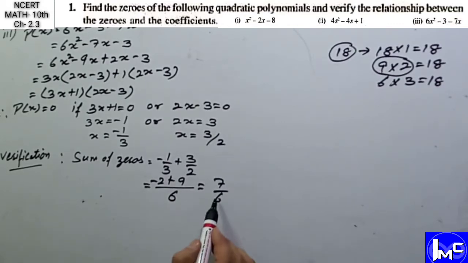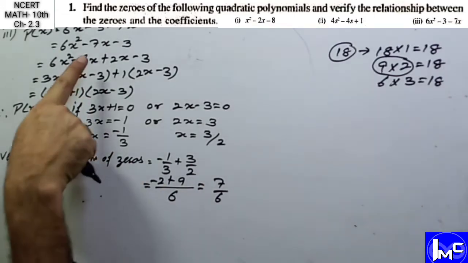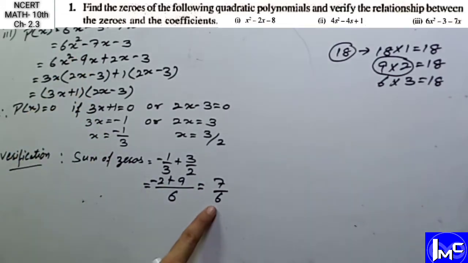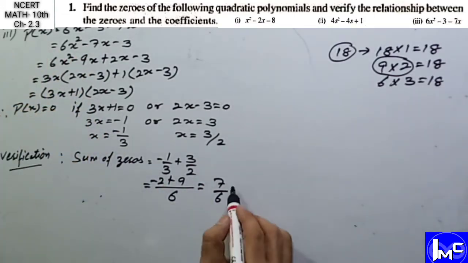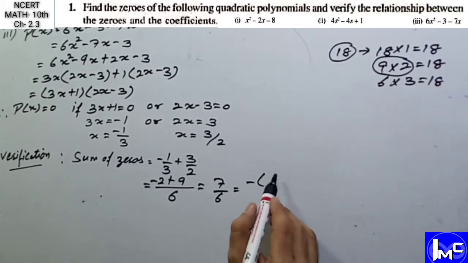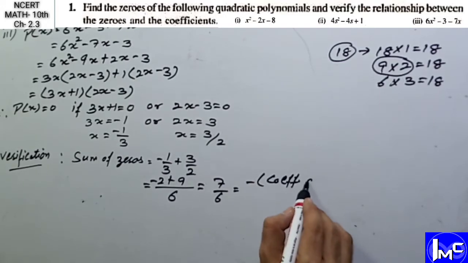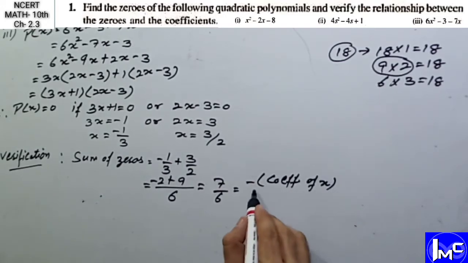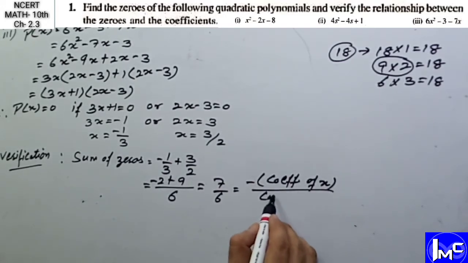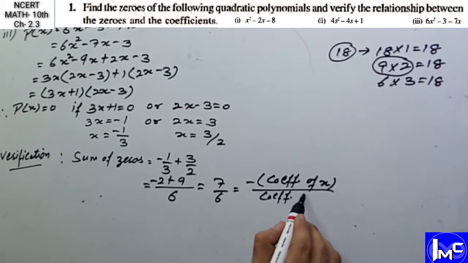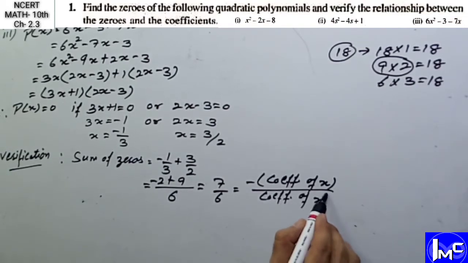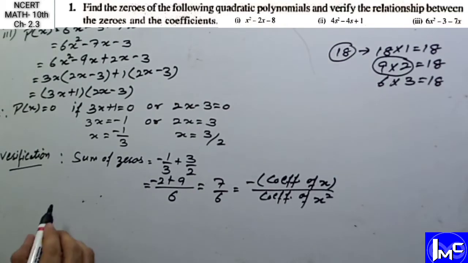And what you see, it is the coefficient of x and the coefficient of x square. So it can be written as minus coefficient of x over coefficient of x square.